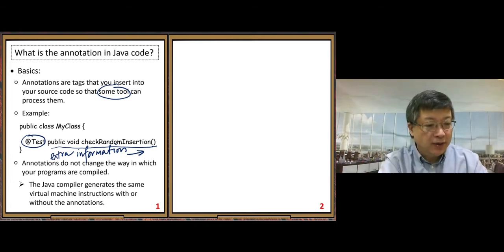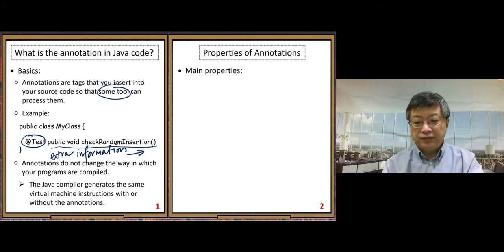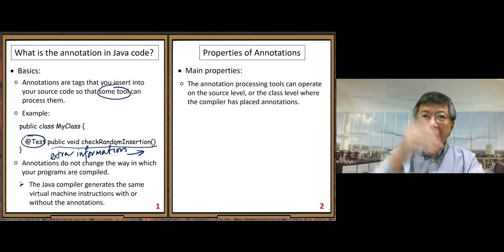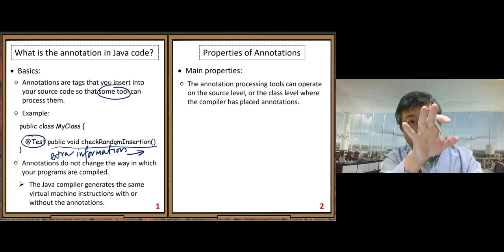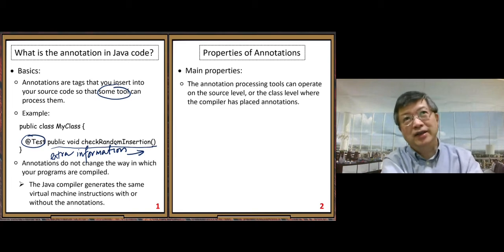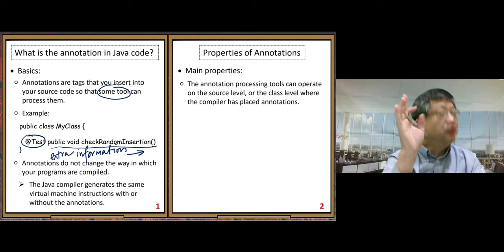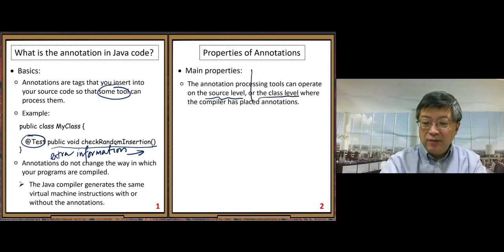All right, so next, properties of annotations. Now, basic properties. First, annotation processing tools can operate on the source level, that means before compilation, or the class level, after compilation. So two levels: before compilation and after compilation.